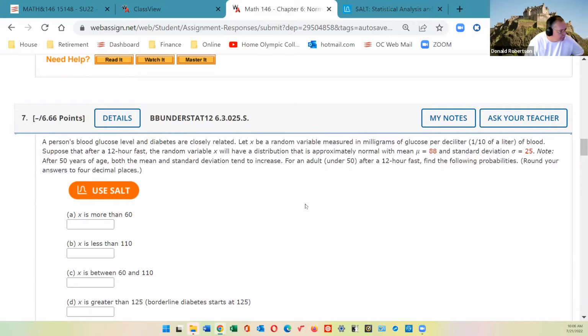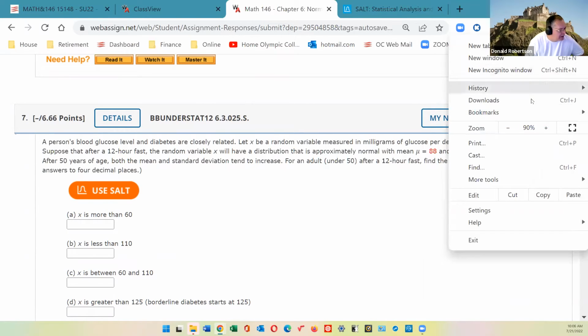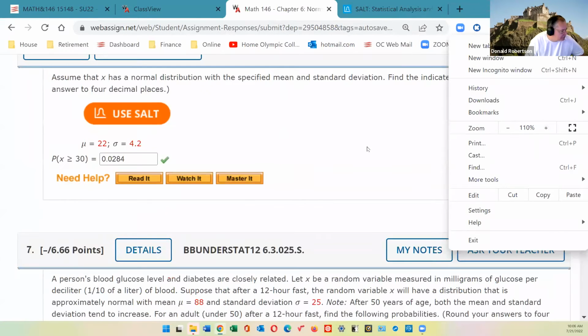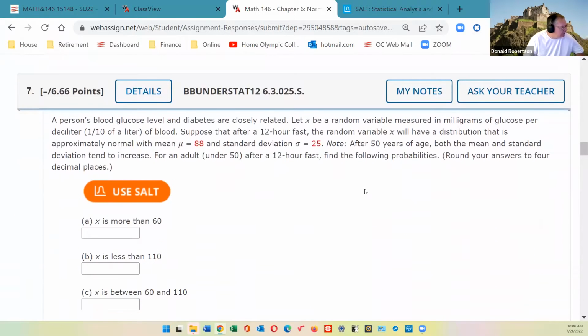So here's the story we're going to do. I'm going to make this big so I can read it because it's a lot of words. A person has a blood glucose level, and diabetes are closely related. Okay. So when you get tested, they very often do your glucose, don't they? And if it's high, they might look into maybe you're pre-diabetic, for instance, right?